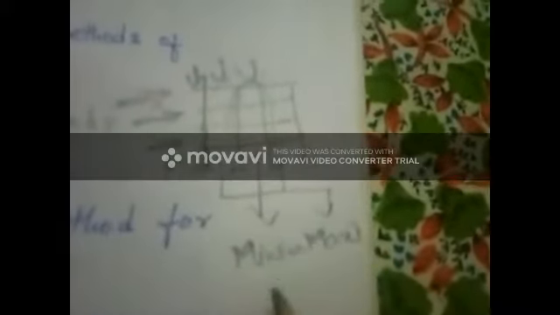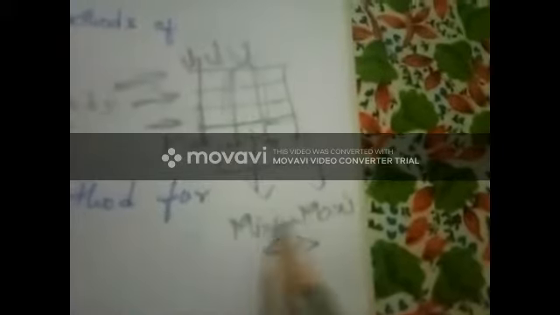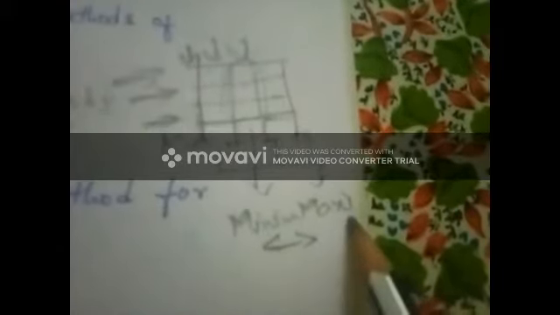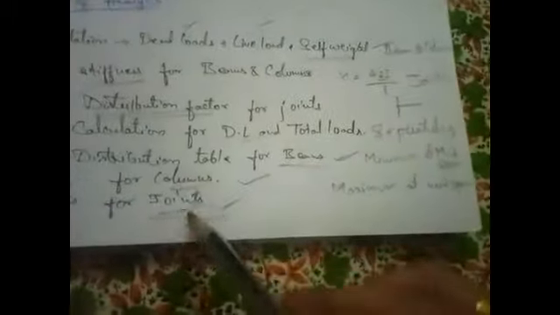First we take the minimum loads at the center and the maximum loads at the edges. Then vice versa: the maximum loads at the center and minimum loads at the edges, and we analyze the process for beams, columns and joints.